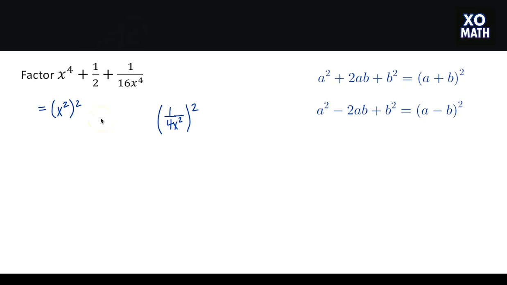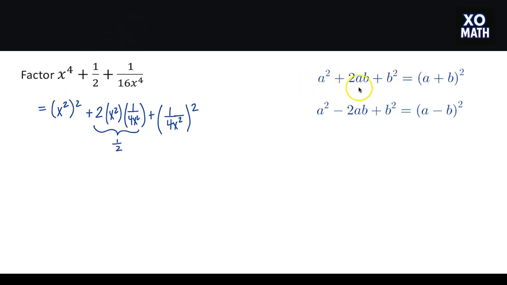So let's write out 2 times a, which is x squared, times our b, which is 1 over 4x squared. Well, the x squared over x squared cancels, and then I have 2 over 4, which is 1/2. So the middle term really does simplify to 1/2.